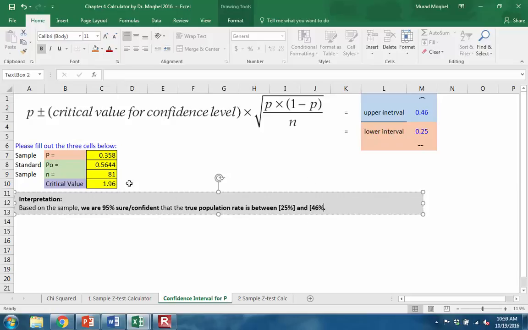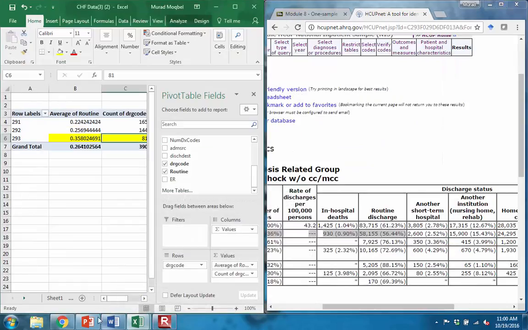As you notice, the larger the sample size, the smaller the interval is, the upper versus the lower interval. So basically that's how we calculate and also interpret the confidence interval. Very straightforward, very simple. Now let's go on and continue.